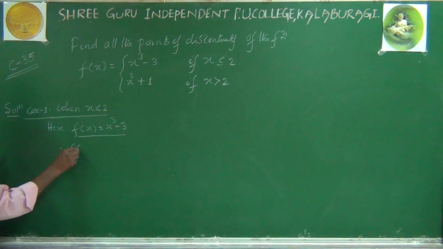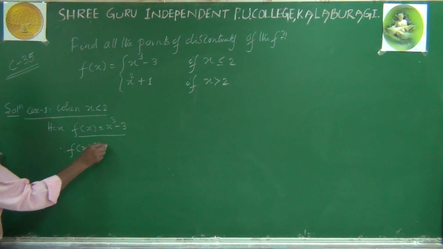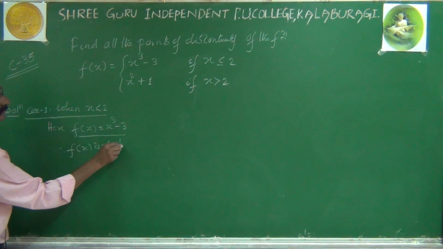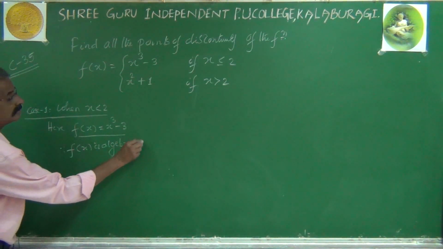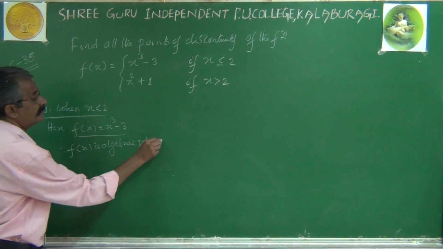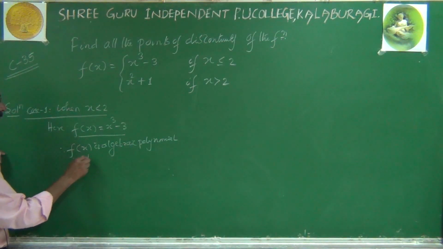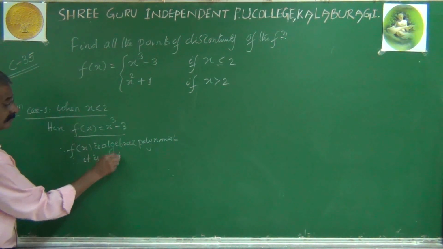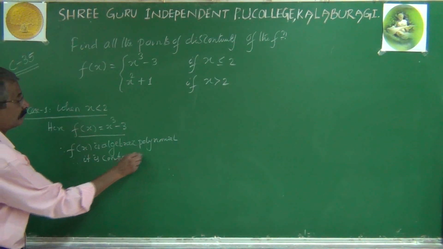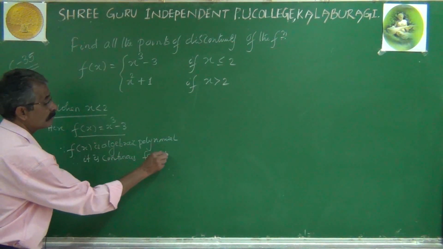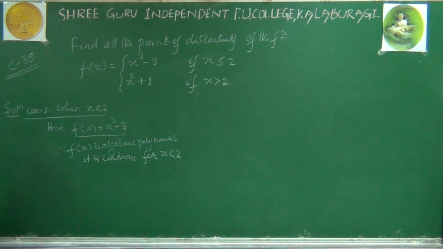Since f of x is an algebraic polynomial, therefore it is continuous. I mean the function is continuous for x less than 2. Means for x less than 2, the graph of the function is smooth, not having any kind of gap or break.